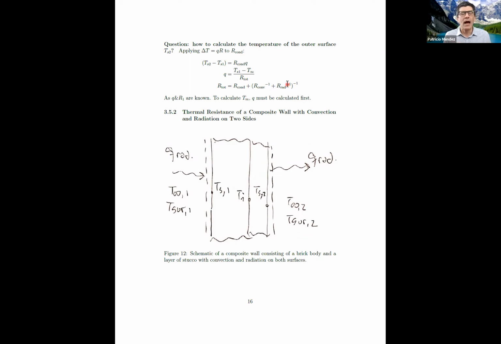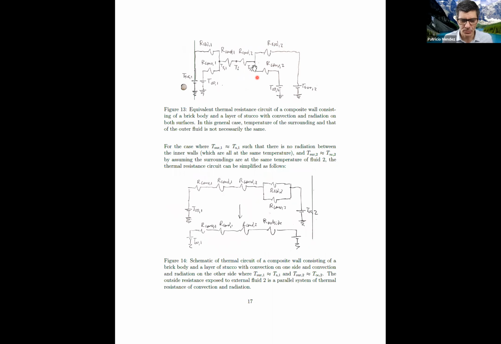All right, how about if now we go back to our stucco, brick and stucco wall, and we look at the equivalent circuit for heat transfer, accounting for conduction, accounting for convection, accounting for radiation, and accounting for the different materials involved in the wall. And this is the circuit we would have.